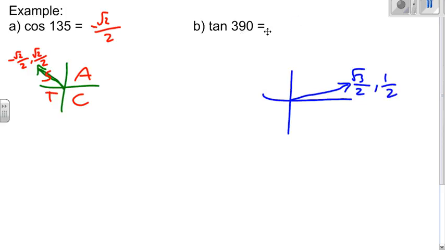Since we're doing tangent, that's sine over cosine. So that's going to be 1 over the square root of 3, which you should write as square root of 3 over 3.